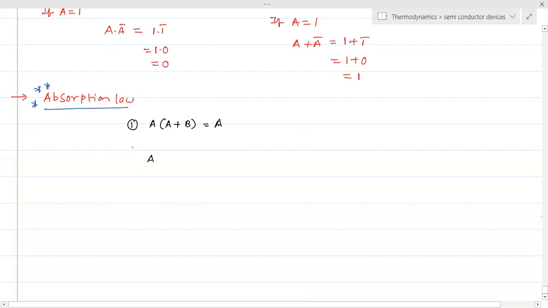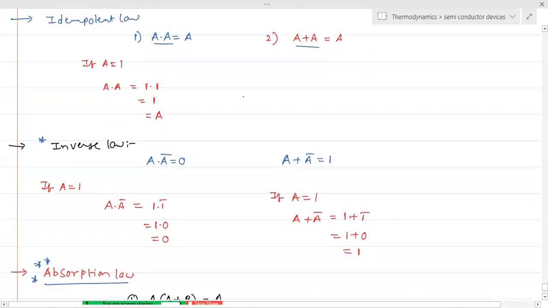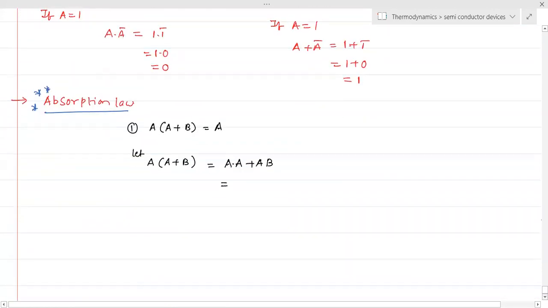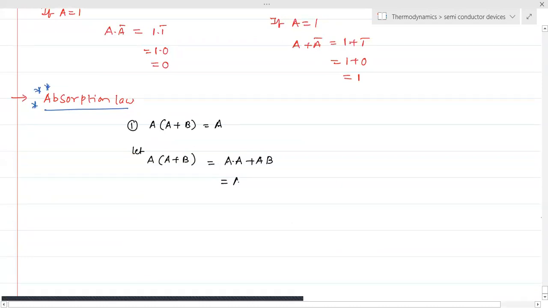A into A plus B means A into A plus A into B. Simply, A into A means A, according to our previous basics, which we have just studied. So that is equivalent to A plus A into B.